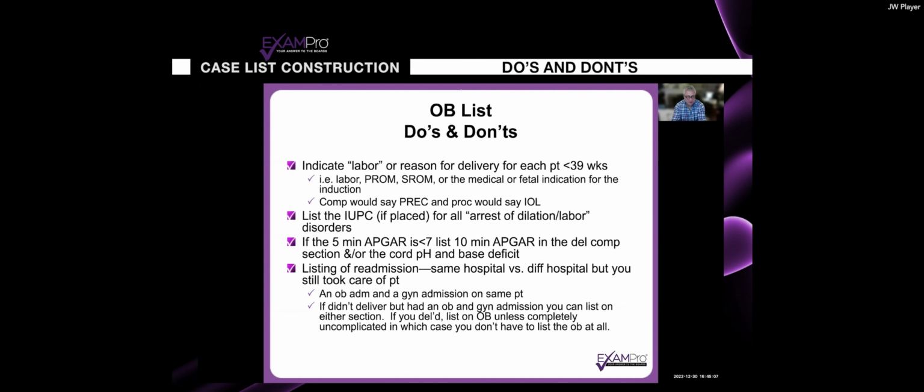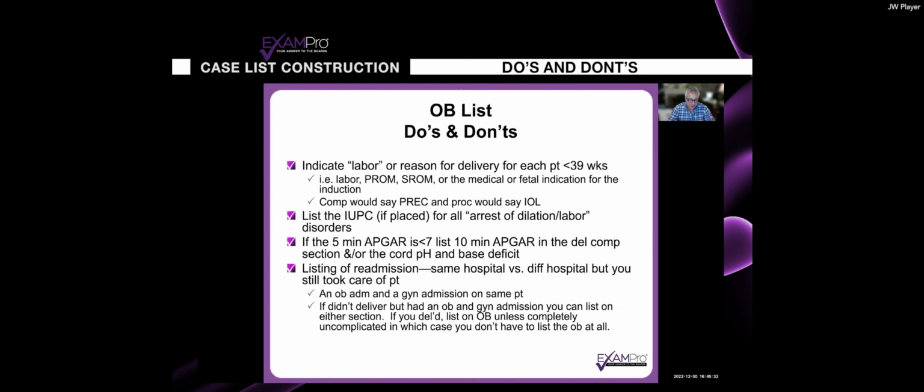If it's a different hospital, but you still took care of the patient, you're likely going to have to list the patient twice, because to get the hospital sign off, you'll need to have that patient for each hospital. But in that case, I would put same patient as OB22 or whatever. Again, that's only if they're admitted to different hospitals during the collection period.